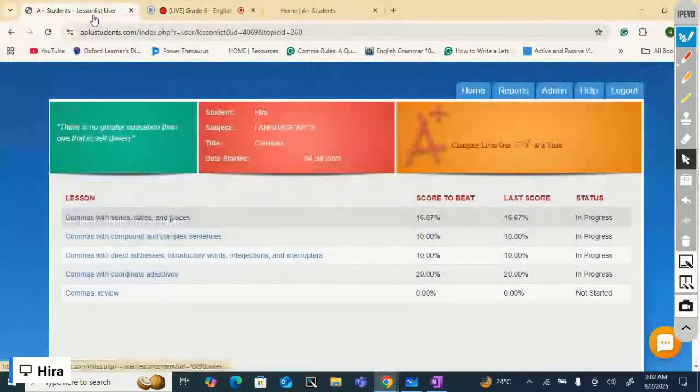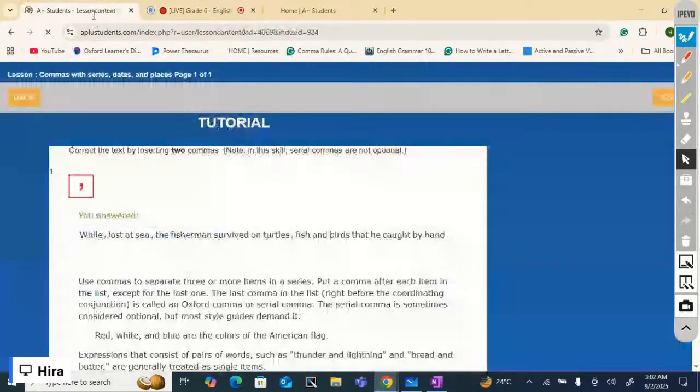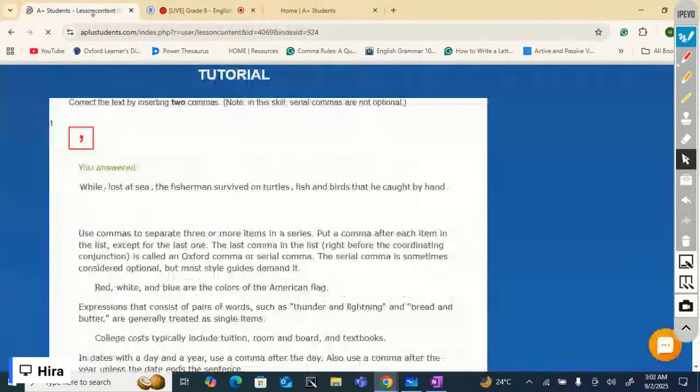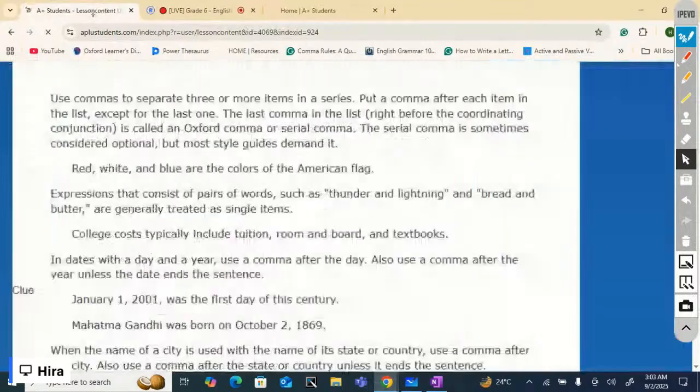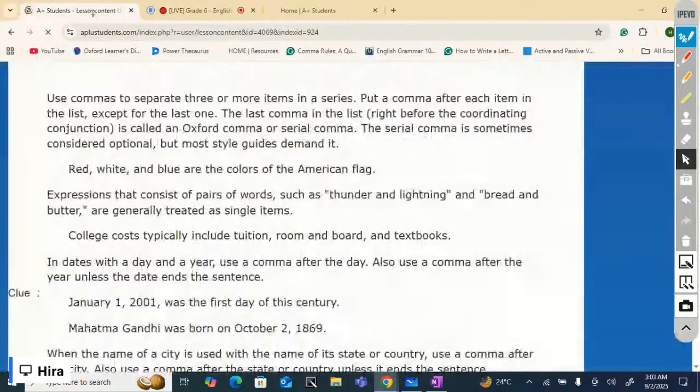Let's begin with the first lesson, commas with series, dates, and places. What's the use of commas when we write a series of words?